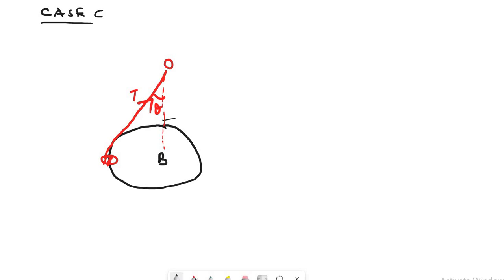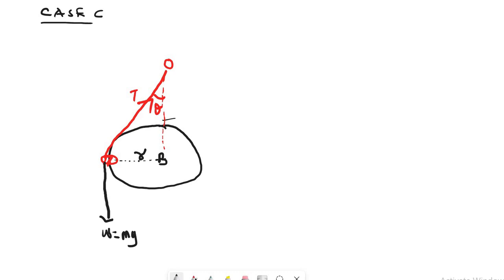Let me call it B. Now, the particle will exert a weight downward here. The weight is mg. From the particle to the center of the circle, that will be the radius. Of course, you are aware. Now, the tension force, the way you are whirling the stone, is not straight, it's at a particular angle.